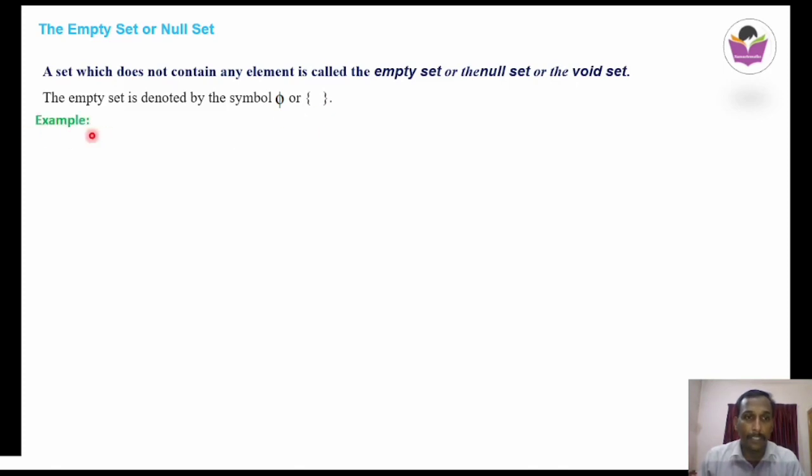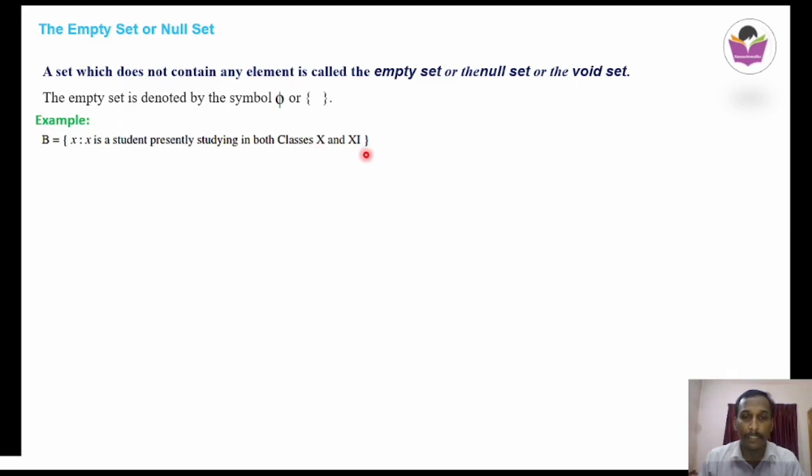Let's consider some examples. Through examples we can make this concept more clear. Here B is equal to the set of all x such that x is a student presently studying in both class 10 and 11. Is it possible for a student to study in both classes at a time?